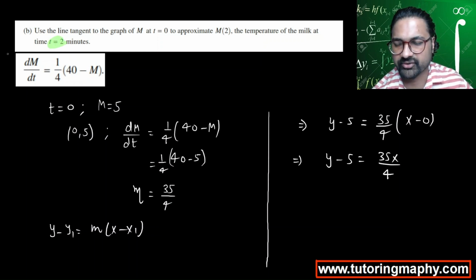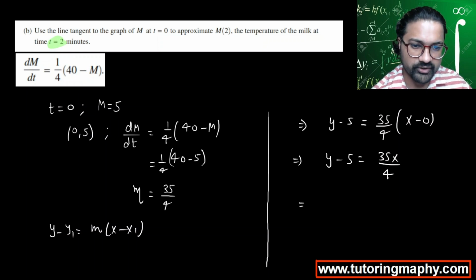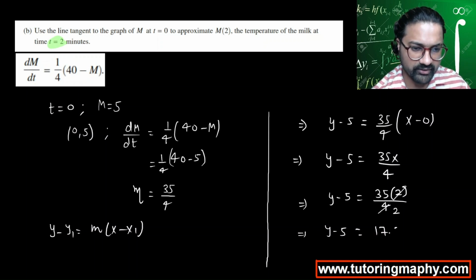So t and x are equivalent. That is the independent variable. So t equal to 2. So all we got to do is plug in the value of t as 2 or x as 2, which is right over here. Calculator is not allowed, of course. So let's reduce this. 2 times 2 is 4, and 35 over 2 is 17.5, and adding 5 to both sides, we have the value of y as 22.5.